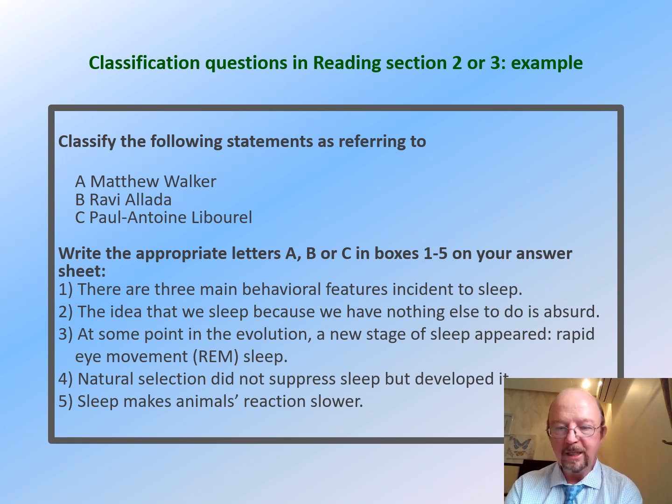If you look through questions 1 to 5, each of these statements will be referred to a specific author or a specific person within the article, and you need to find the statement and link it to who has said it or who has proposed this particular point.